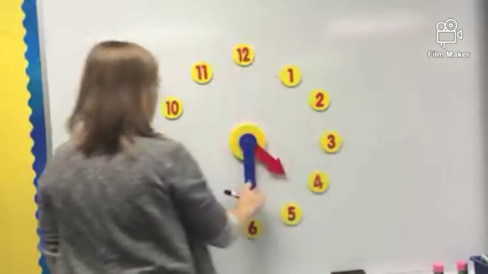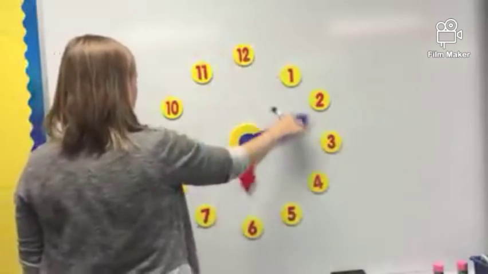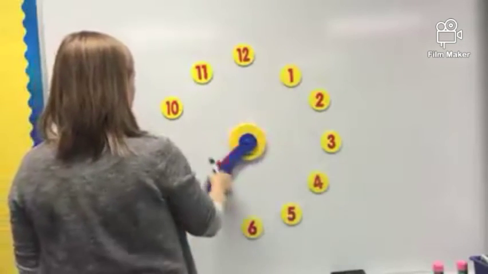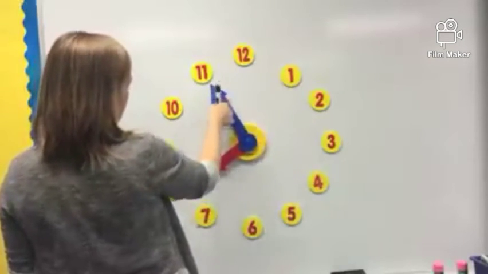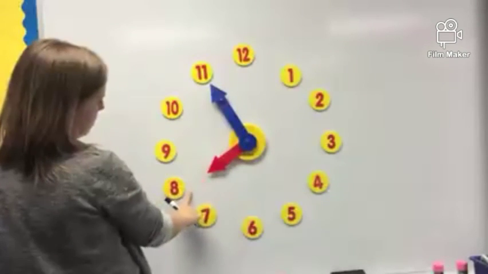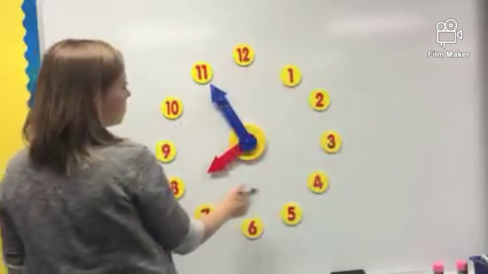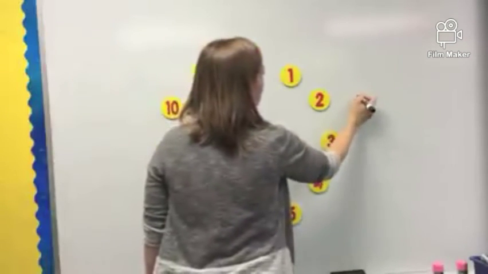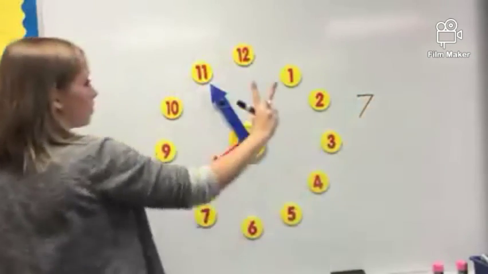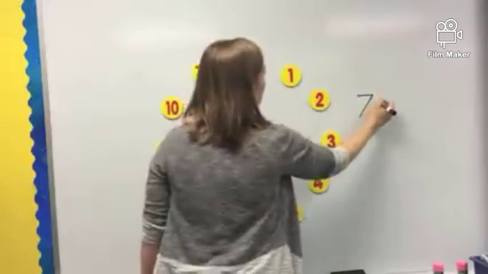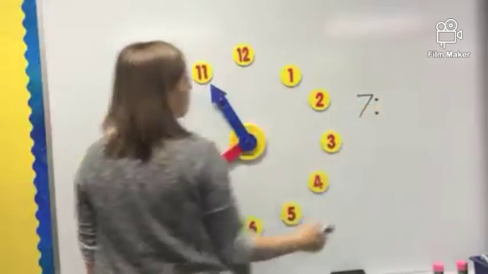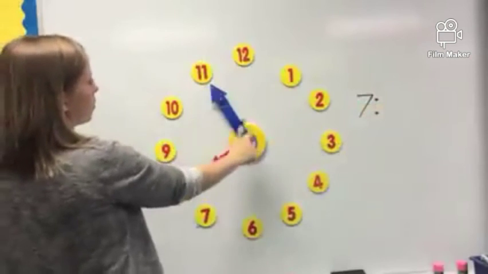Let's do another one. We're going to start with the short hand. Remember, the short hand's between 2 numbers, and it just passed the 7. So we're going to write down 7. The second step is to draw the 2 dots, and then the third step is to figure out that long hand.